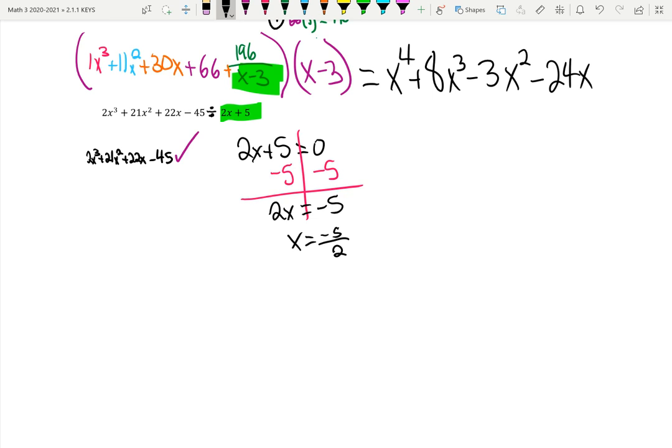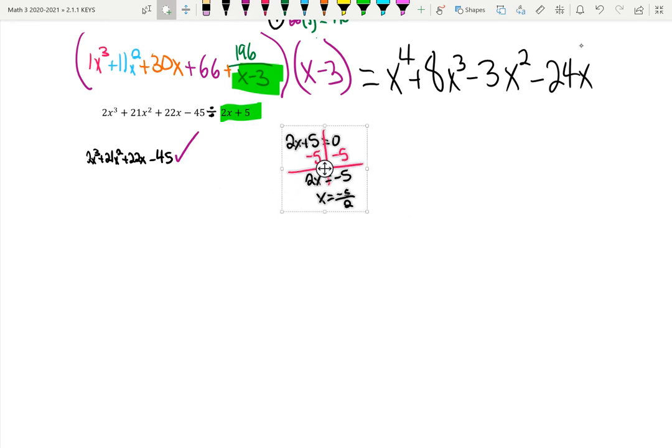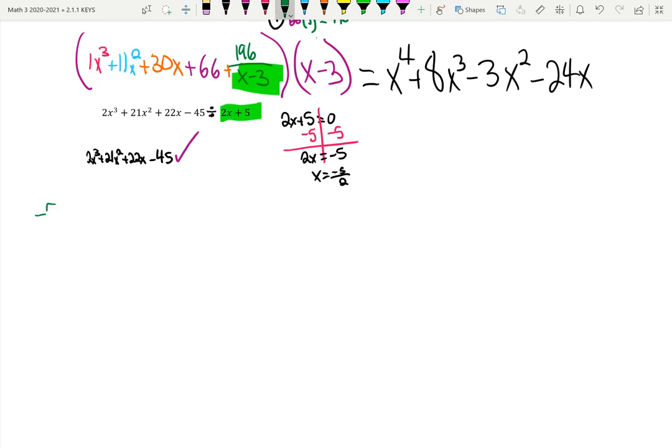I'm going to keep it in fraction form. It actually makes things easier, but this is kind of how I set up. I have to figure out my linear factor, and then I have to make sure it's in polynomial form. Now, I'm going to use negative 5 over 2, and I'm going to go ahead and write the coefficients: 2, 21, 22, and negative 45.